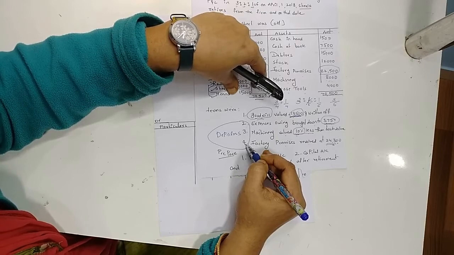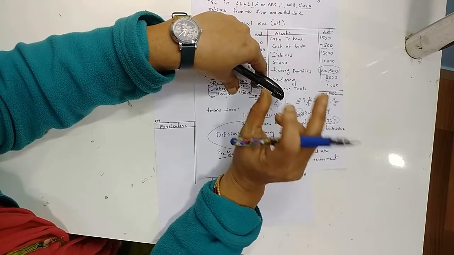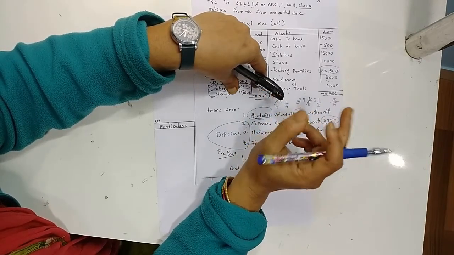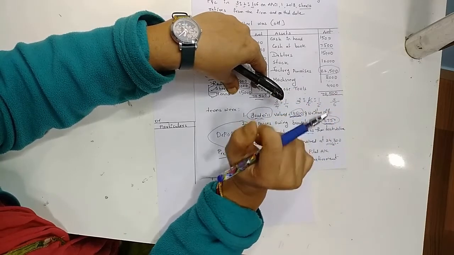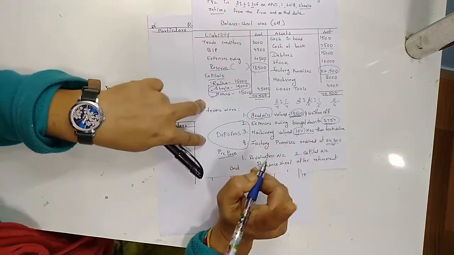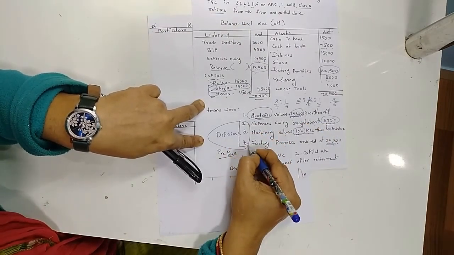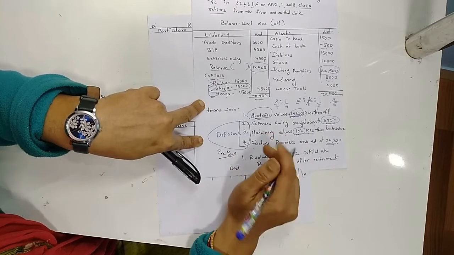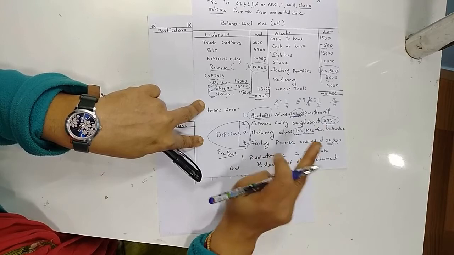Because the main purpose of the revaluation account is to find out how many assets or liabilities changed, and because of these value changes, whether we benefited or we got a loss. We will find that out by the revaluation account. So keep in your mind that you need to concentrate only on the adjustment assets and liabilities, and that too only the changes.